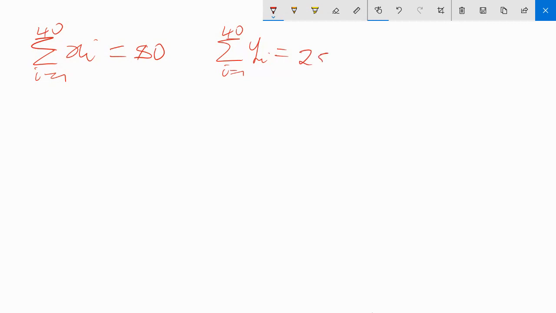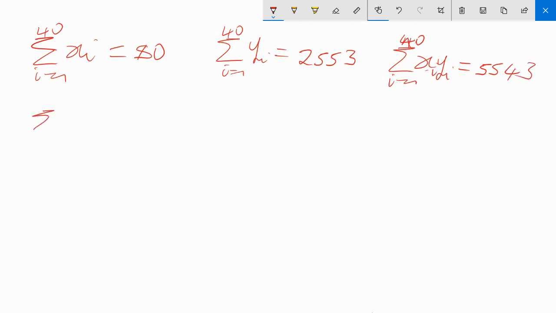So we are here. We have the sum of xi, with i ranging from 1 to 40, and this is 80. Then we have the sum of yi, i ranging from 1 to 40, and this is 2553. Then we have the sum of x multiplied by y, and it's 40, and this is equal to 5543.